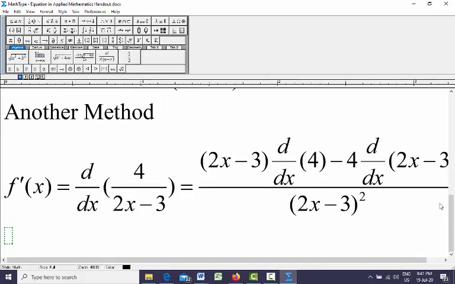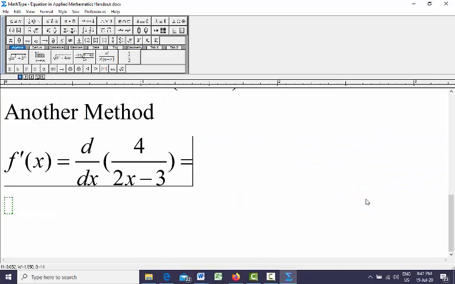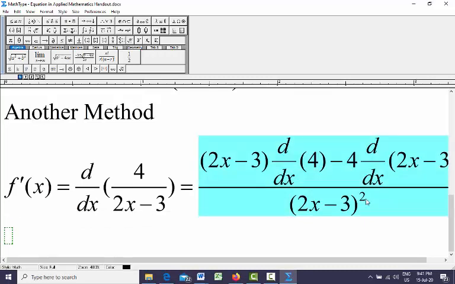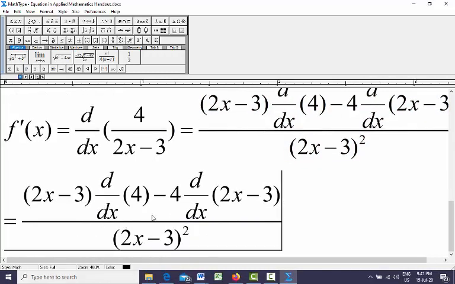Now what we have here. Here you can see there is no d by dx in the denominator, so you don't need to do differentiation or any processing.